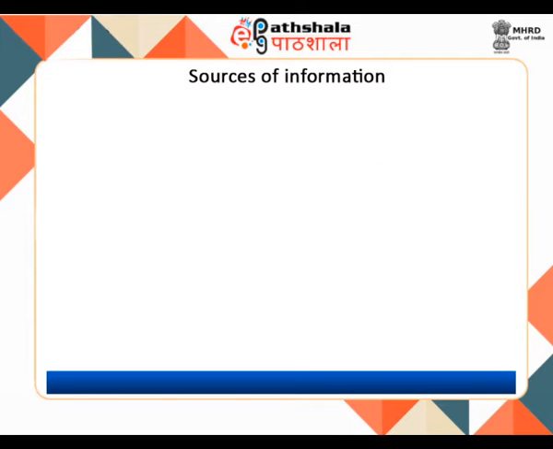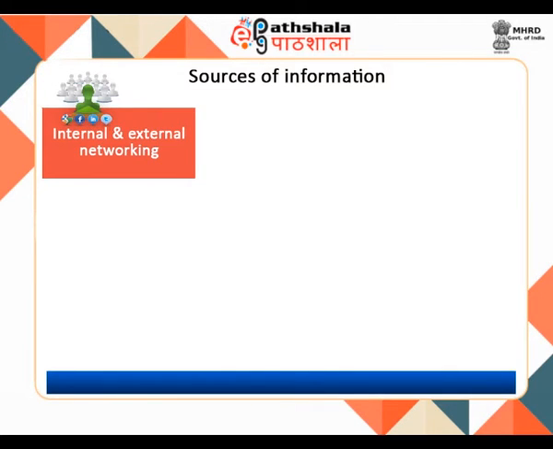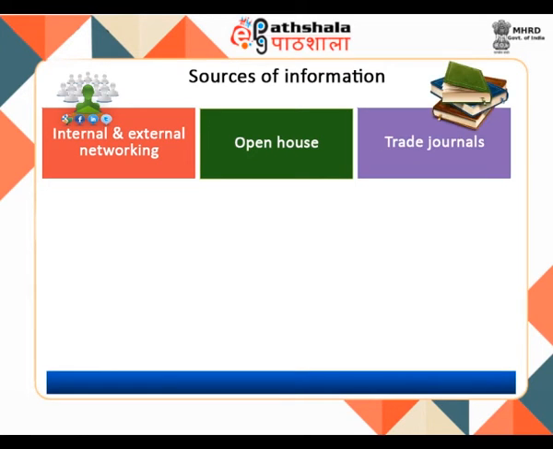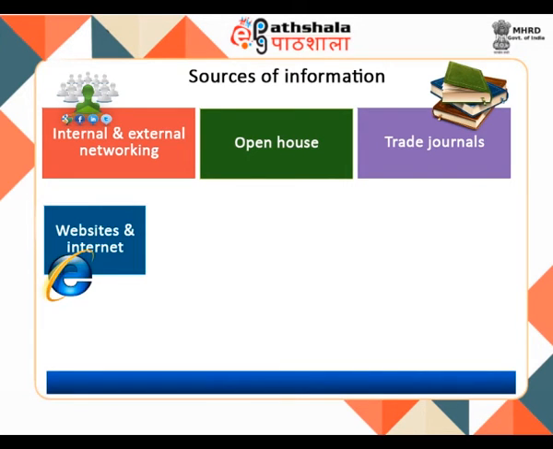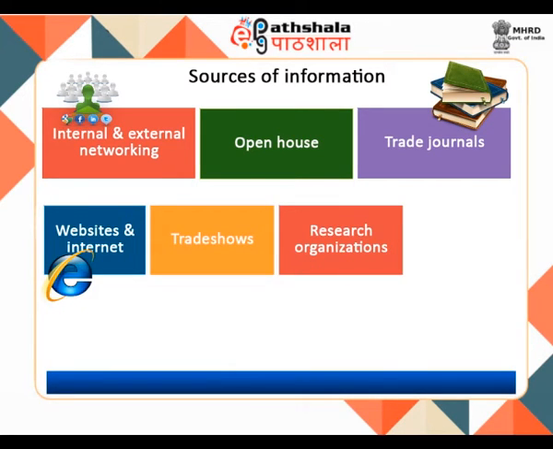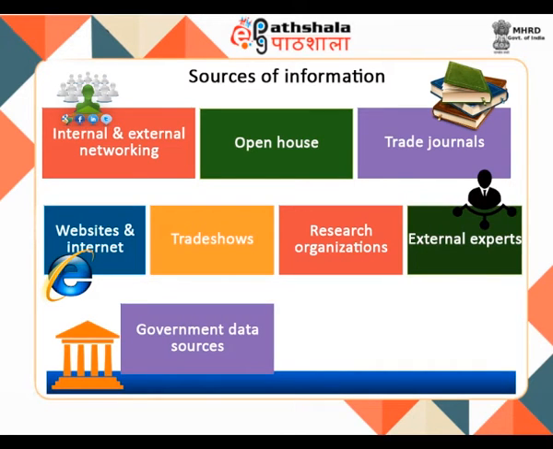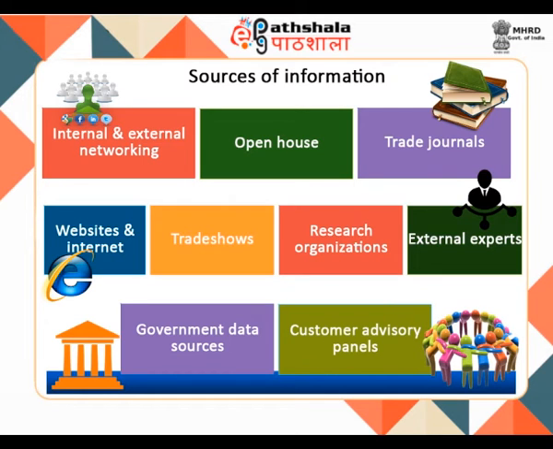Sources of information cannot be precise, but will be as varied as the following: internal and external networking with customers, suppliers, stakeholders, open house with employees, sales force, resellers, and stockholders, trade journals and other publications like newspapers and books, websites and internet, trade shows, research organizations, external experts, government data sources, customer advisory panels.